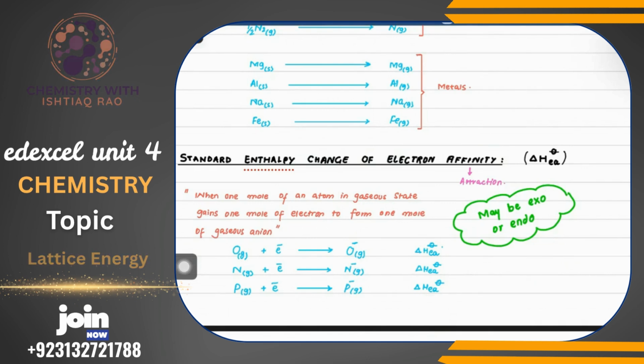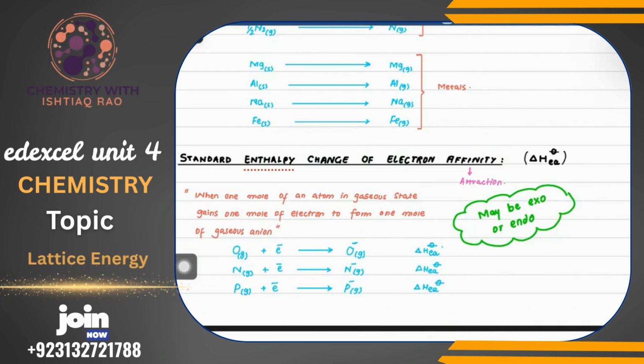Generally people think ionization means it may be loss, it may be gain. No. Ionization is only loss of electron. Electron affinity means attraction. This term is only used for the non-metals because generally non-metals gain electron: chlorine, bromine, oxygen, nitrogen, phosphorus, sulfur.